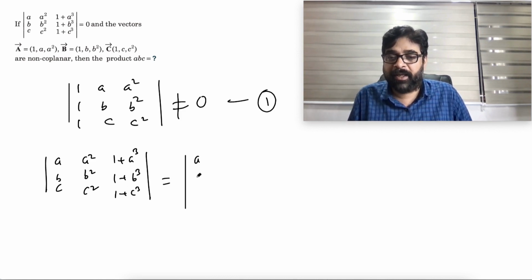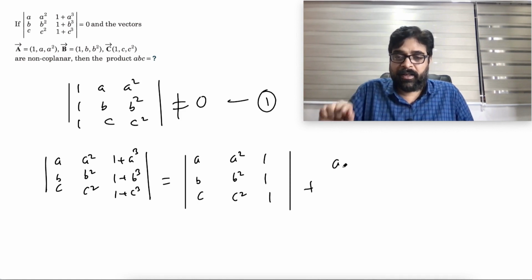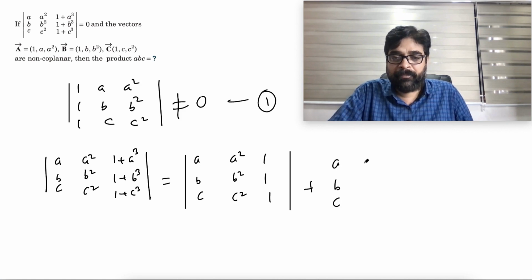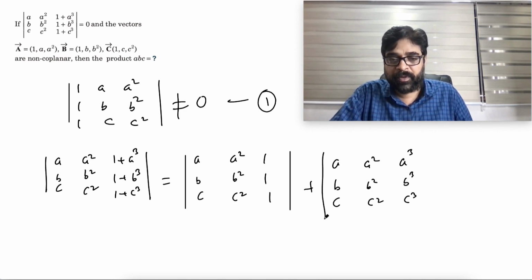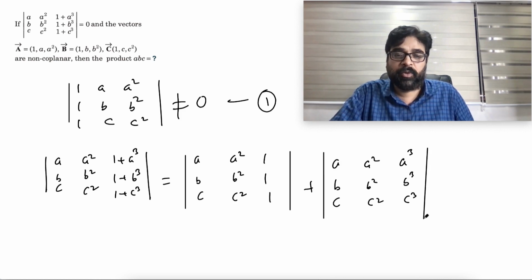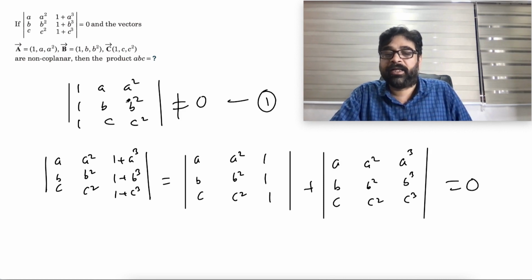It will become A, B, C; A square, B square, C square; 1, 1, 1, plus A, B, C; A square, B square, C square; A cube, B cube, C cube. This total value will be 0 because it's already given.